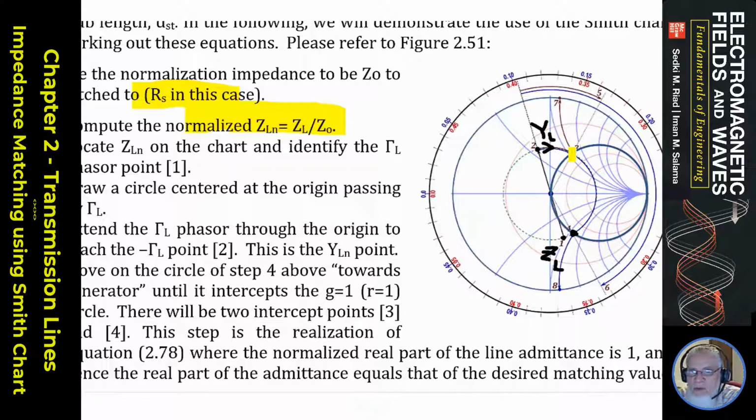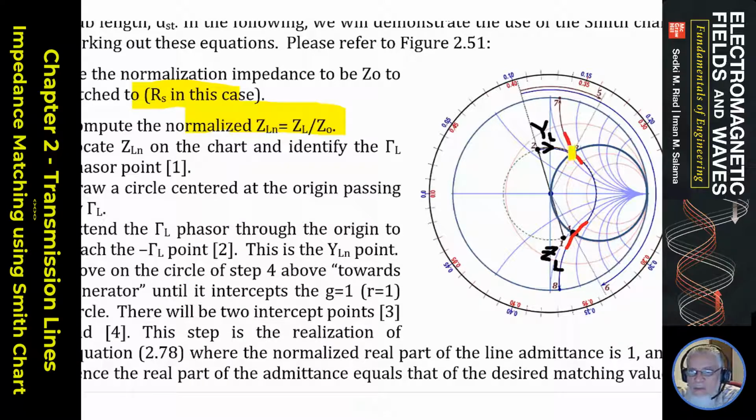So what I need to do is read the susceptance at these locations. The susceptance of this location here is read on the B circle, and the susceptance for this location here is read on this B circle. And as you can see, they are located symmetrically with respect to the horizontal line here. That means one of them is going to be positive and the other one is going to be negative.